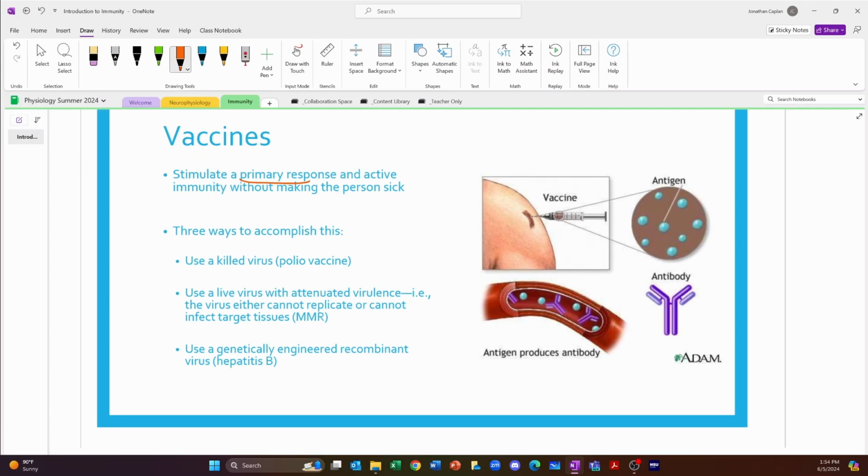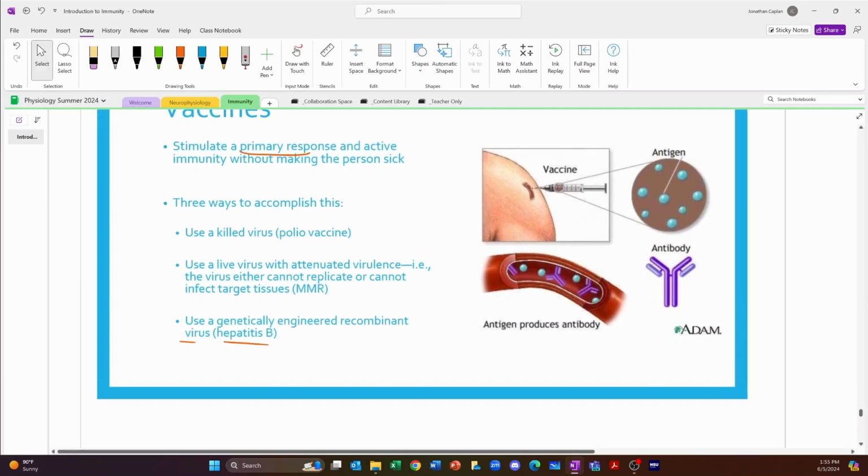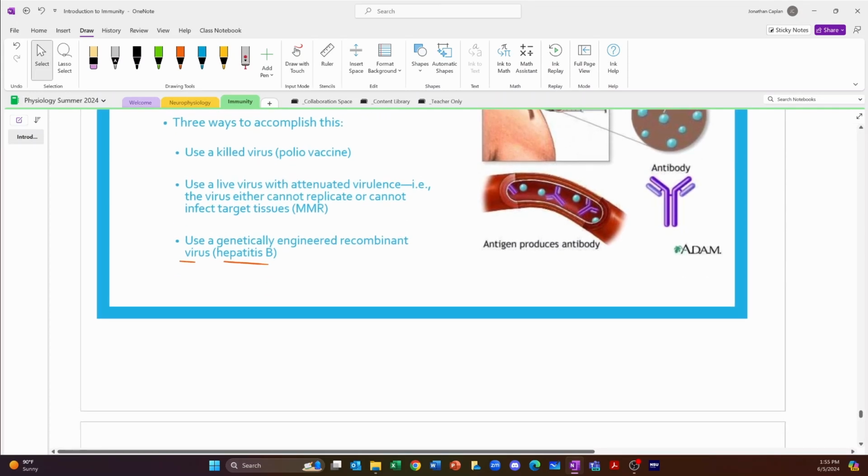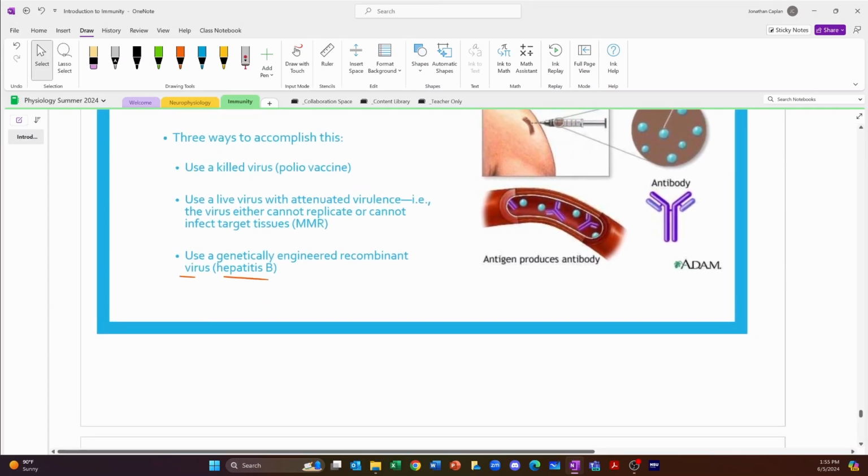So you can use a killed virus, like the polio vaccine, or a live virus which has been attenuated, so it's not as virulent and it's not going to cause an infection. Killed viruses can't replicate or anything, so they're kind of just dead, but they give us the blueprint, so if we get this type of structure again, we know what to do with it. And then genetically engineered recombinant viruses, and that's your Hep B vaccines like that. You don't have to know the details of this, just understand how it works.